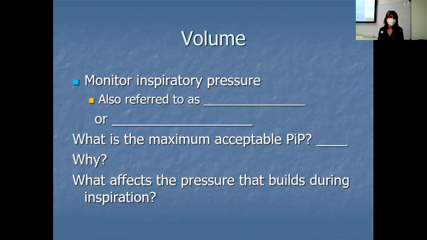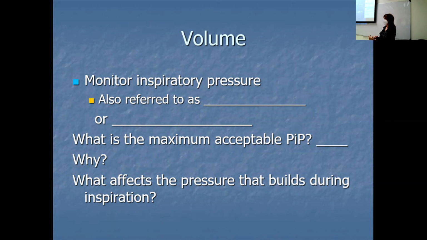What affects the pressure that builds during inspiration? We talked about this last week. When we push the volume of air into the lungs, there are different variables that cause the pressure to build up. Can you think of any of them? Airway resistance and lung compliance. Excellent.